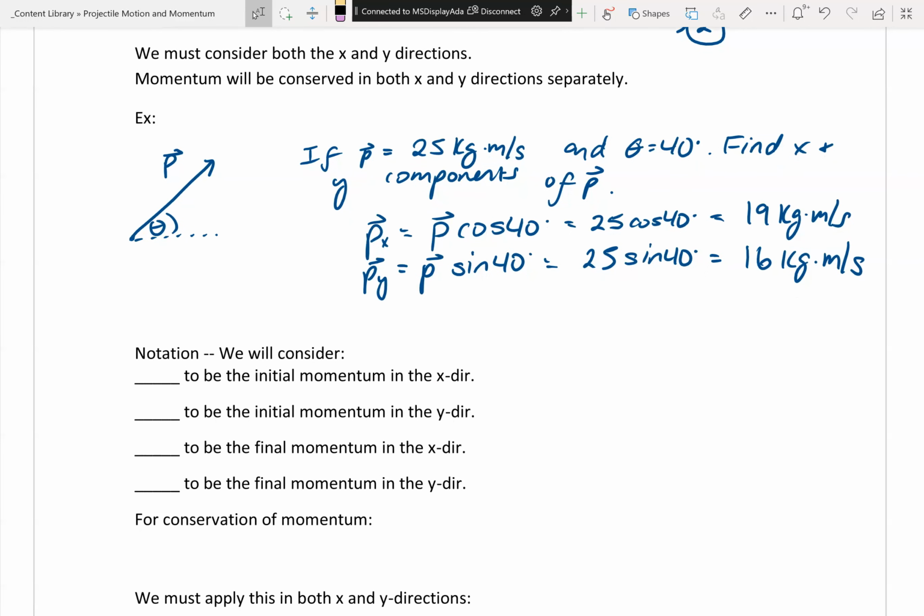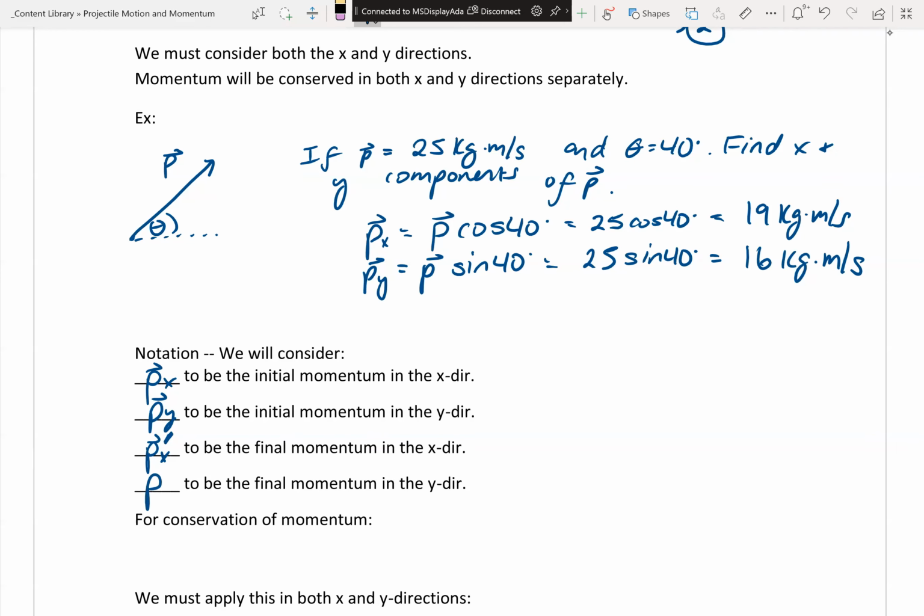For our notation, we're going to consider Px to be the initial momentum in the x direction. Py is going to be the initial momentum in the y direction. And like the last lesson, if you want the final momentum, we're going to indicate this by a prime. If it's in the x direction, it's going to be Px prime.